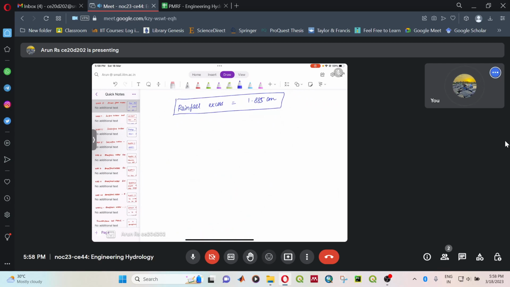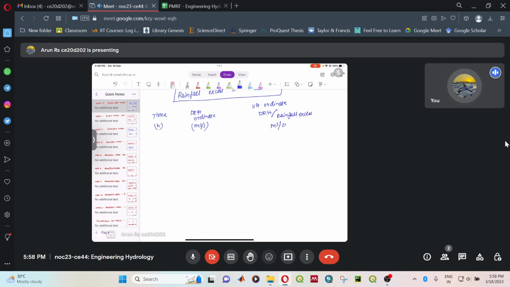So we can find out the other coordinates: time in hours, DRH coordinate in meter cube per second, and UH coordinate. This is nothing but DRH divided by rainfall excess, so it will be meter cube per second per centimeter.